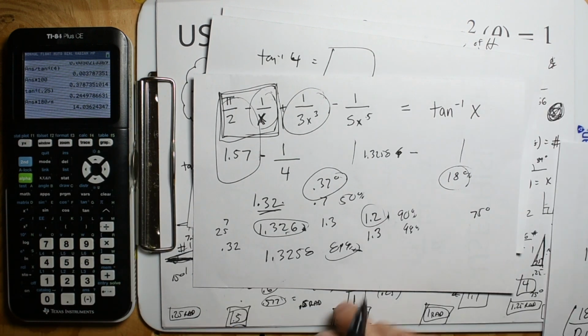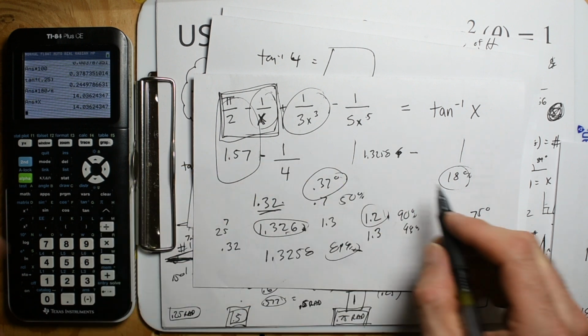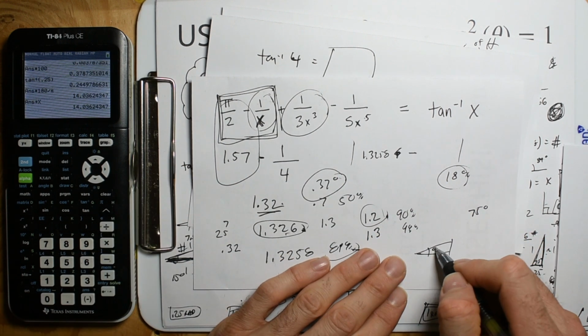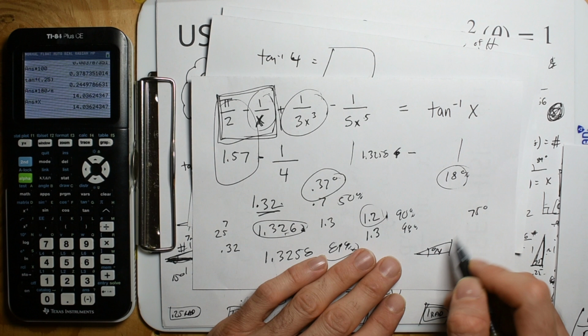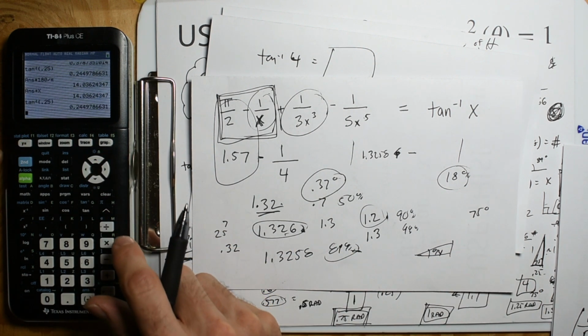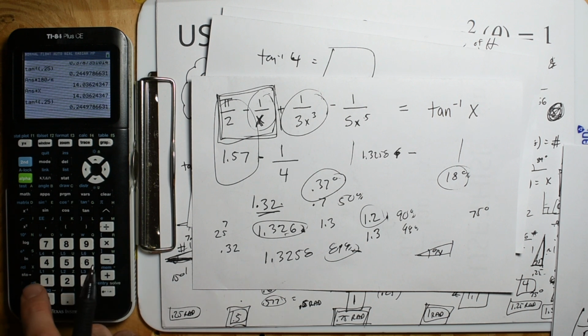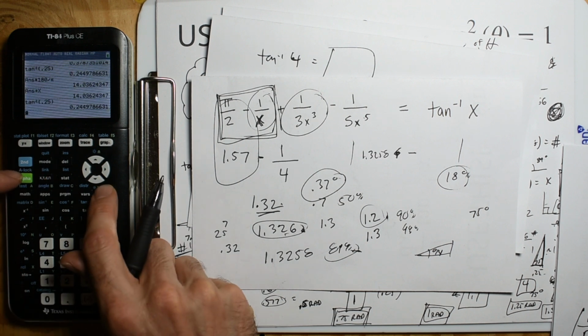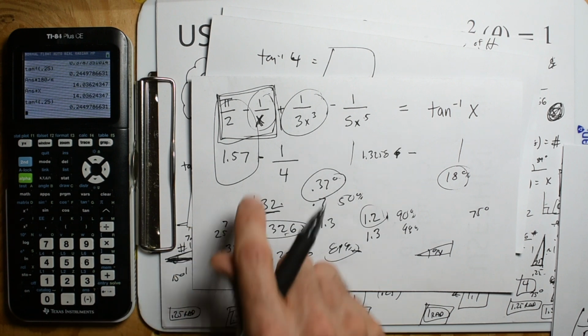So this is 14 degrees. Just know that we're dealing with a 14 degree triangle. I'm going to go back to the inverse tangent of 0.25. We got 0.24497 radians. I'm just going to leave it. So that is what we're shooting for.